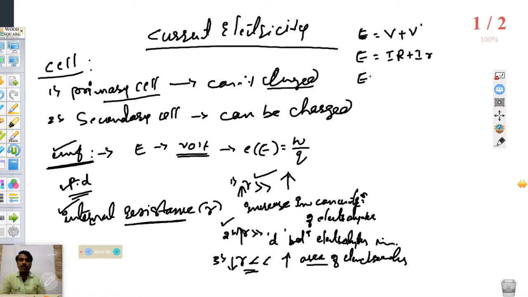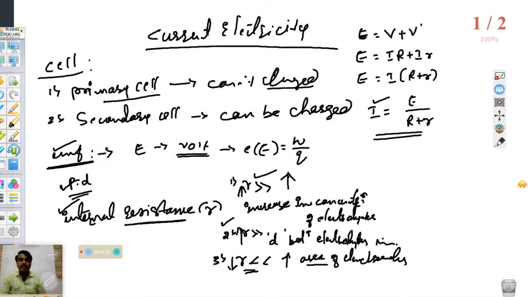So the EMF of the cell is E = I(R + r), and this can be written as I = E divided by (R + r). With this equation, we can calculate the current in the circuit connected with the cell.